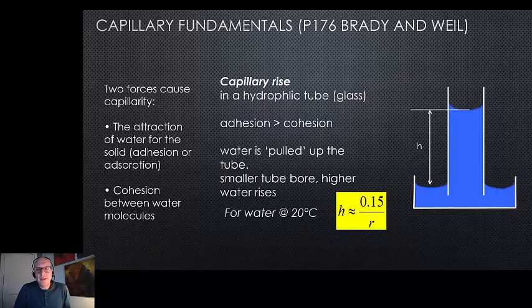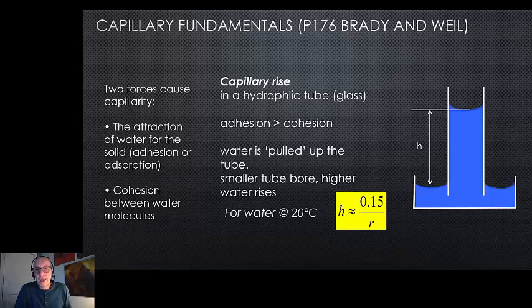If we think about this in a soil context, it's easiest to think about it in terms of a tube, and you can imagine the soil as a series of lots of tubes of different sizes representing the different size pores.